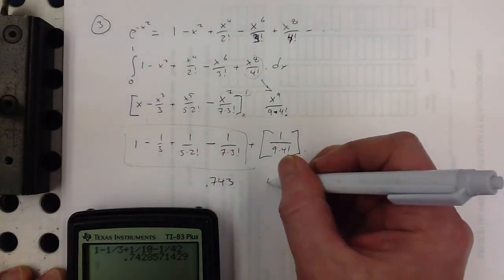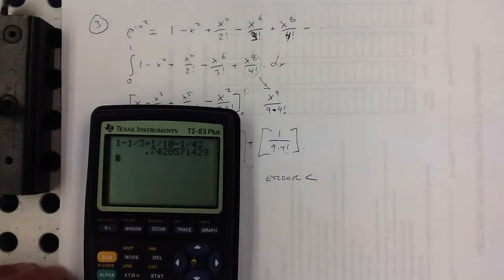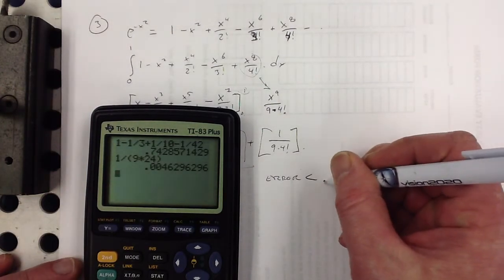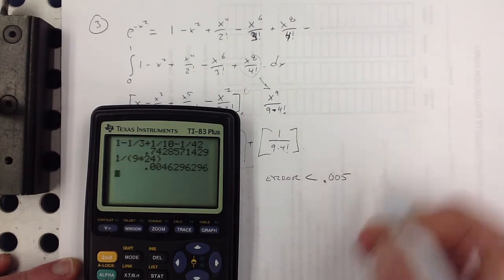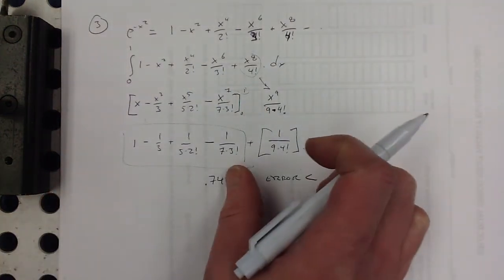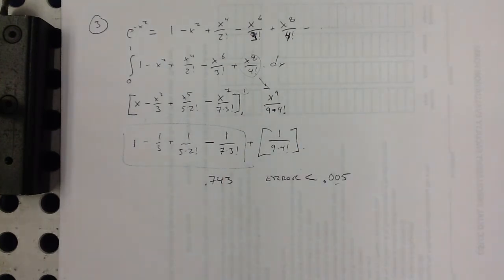And then my error is less than the next term, which is 1/9 times 4 factorial is 24. So my error is less than 0.005. Hey, that means it's accurate to 2 decimal places. So whatever that adds up to, it's accurate to here, right? Cool.